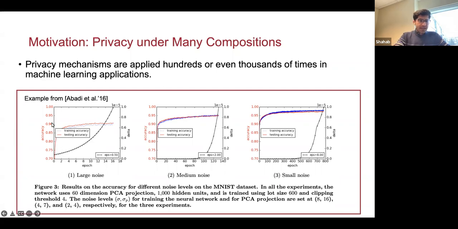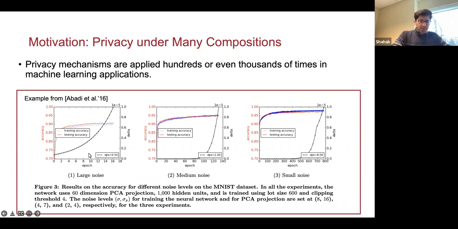Here the y-axis is accuracy, and this is also delta, which is a privacy parameter. And the x-axis is epoch. What is an epoch? You can think of an epoch as the number of iterations times the subsampling rate. In this example, the subsampling rate is 0.01. So when the epoch, for example, is 10, that means the number of iterations is 1,000, so you have to multiply it by 100.